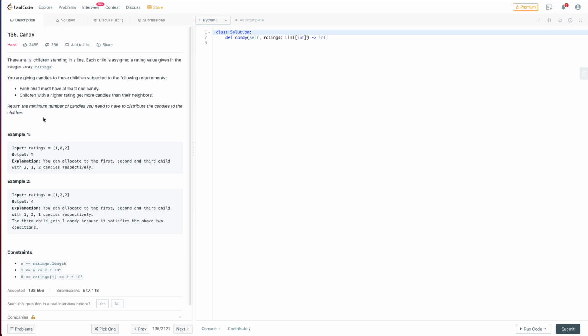There are n children standing in a line. Each child is assigned a rating value given integer array ratings. You're giving candies to these children subject to requirements.